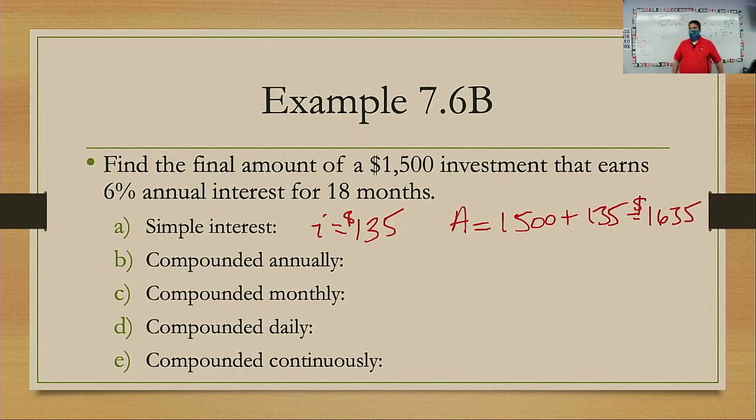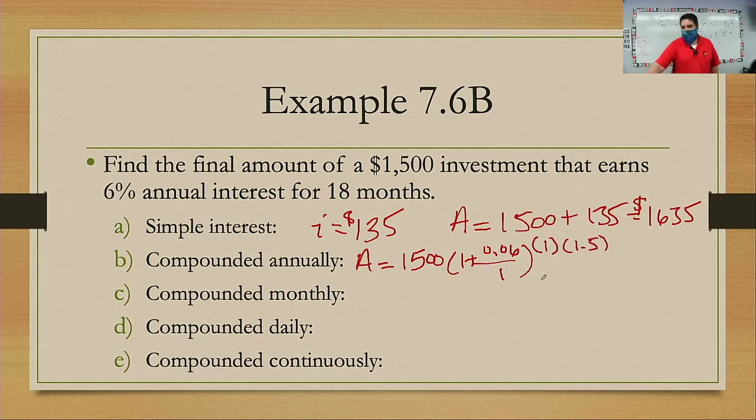Make sense? All right, so if it's compounded annually, basically the way we would plug this in is my new amount would be 1,500 times 1 plus 0.06 over 1 to the 1.5, because again, we're plugging into that formula P, the principal times 1 plus the rate of interest divided by the number of points of interest.